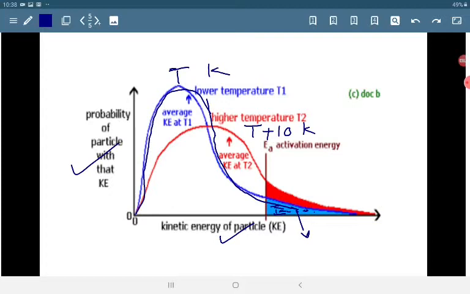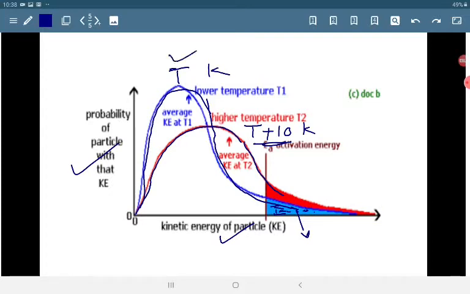On increasing the temperature by 10 degrees, to T plus 10 Kelvin, it has been found that the curve shifts towards the higher energy region. As you can see, there is a shifting of the curve at 10 degrees higher.